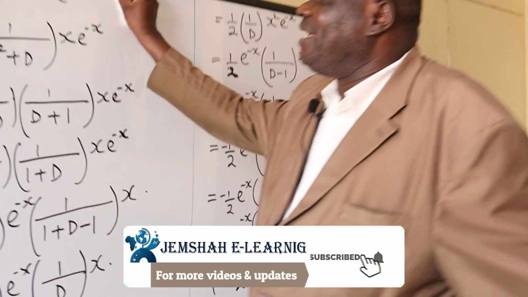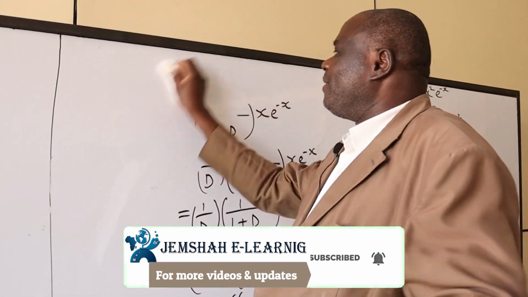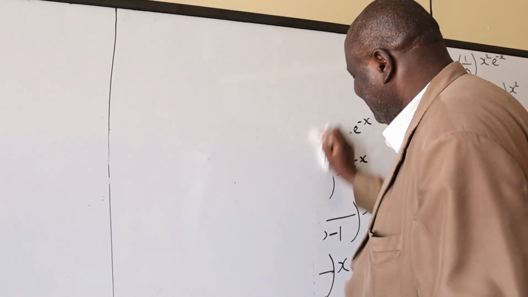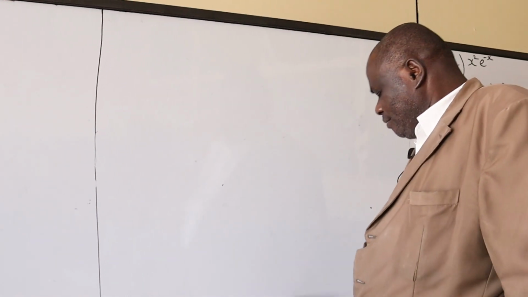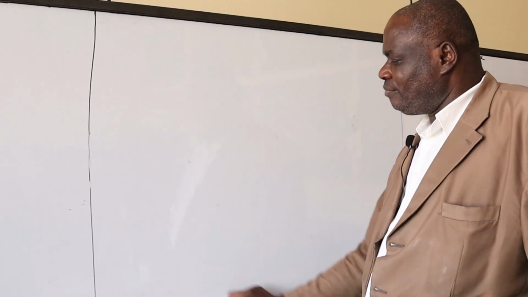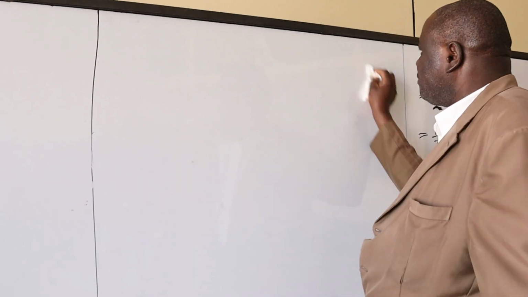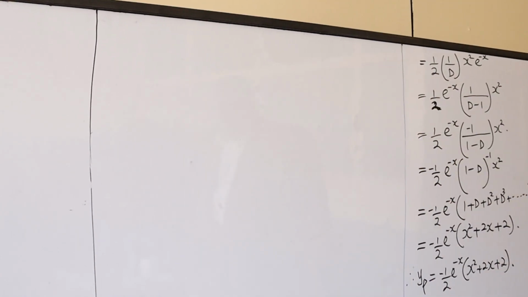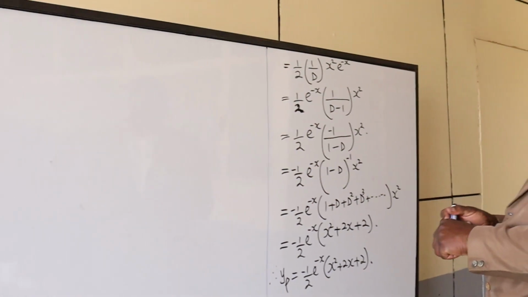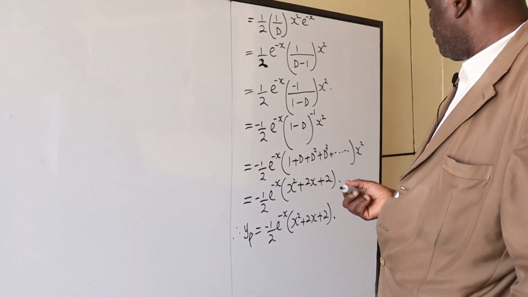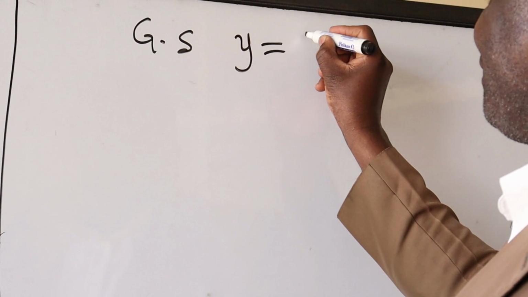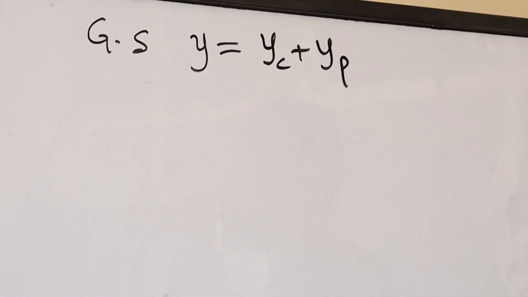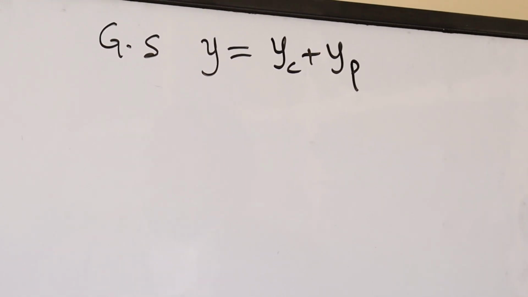From there, let's write down the general solution. So the general solution, y will be equal to yc plus yp.